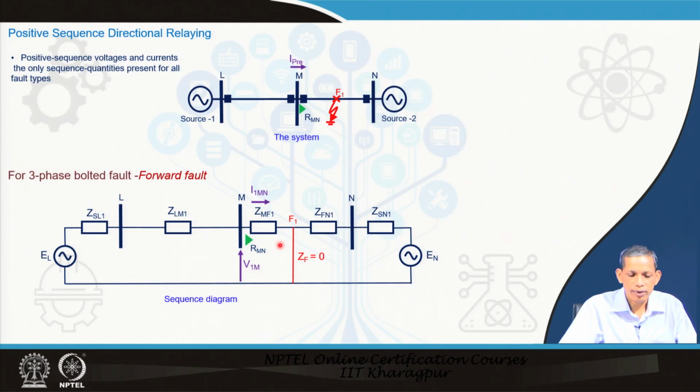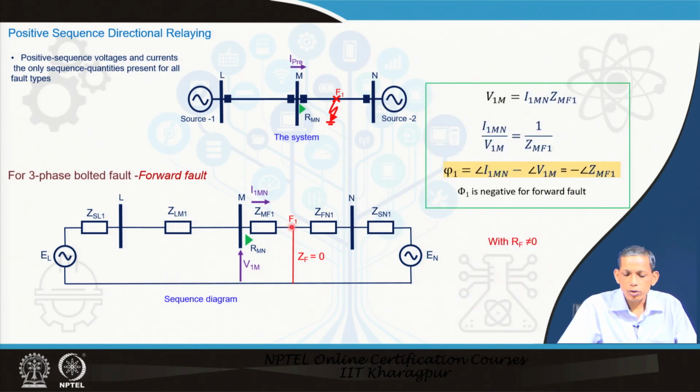Now, see here, if you write the equation for this equivalent system for this 3-phase fault case, then we see that the relay voltage here will be V1m, 1 for the positive sequence, m for the m bus relay. V1m equals to, this F1 point is having 0 voltage because of the bolted fault.